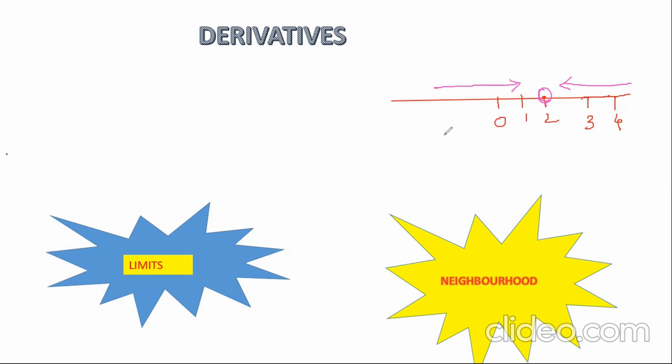So can you assume this as the left direction, right? And this is the right direction. Okay. Yes, very good. So now you observe, whenever you say you are reaching the point, you are saying it exactly. But in the case of our limit, we are not saying that you are perfectly reaching 2. Just you are approaching 2, we are saying.